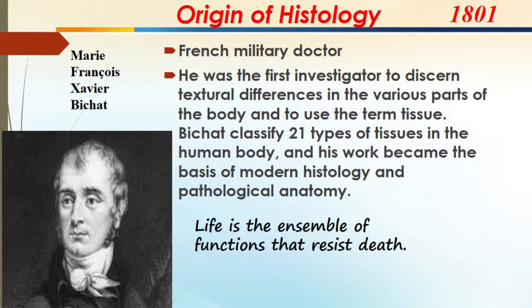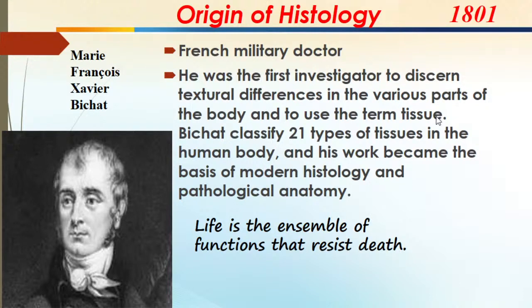The origin of histology started in 1801, when the French military doctor Marie-Francois Xavier Bichat was the first investigator to discern the textural differences in the various parts of the body and to use the term tissue.